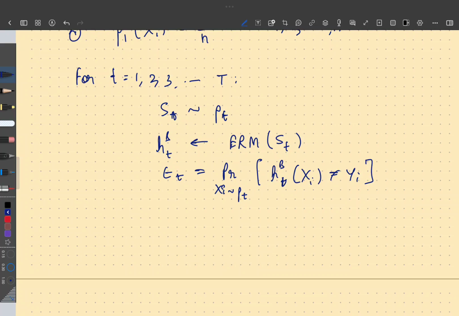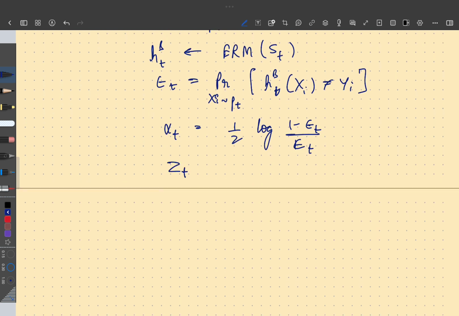You can compute the probability of error with respect to P_t because you know P_t. And then you set alpha t to be equal to half log of (1 minus epsilon t) by epsilon t, which is half log of probability of being correct divided by probability of making an error.